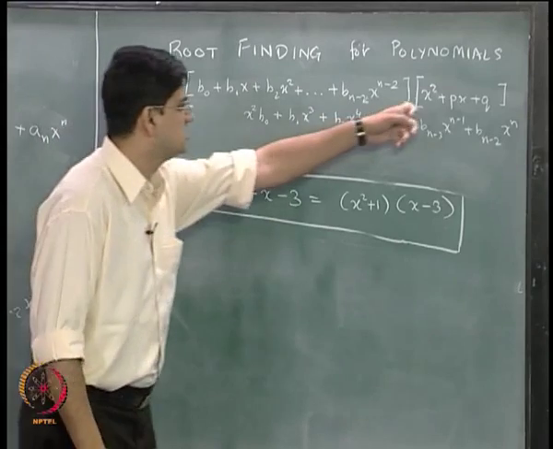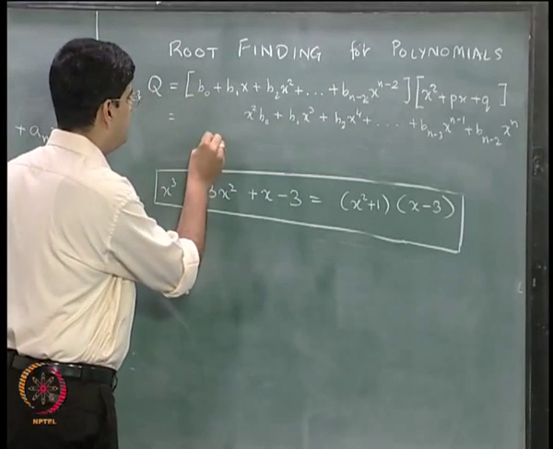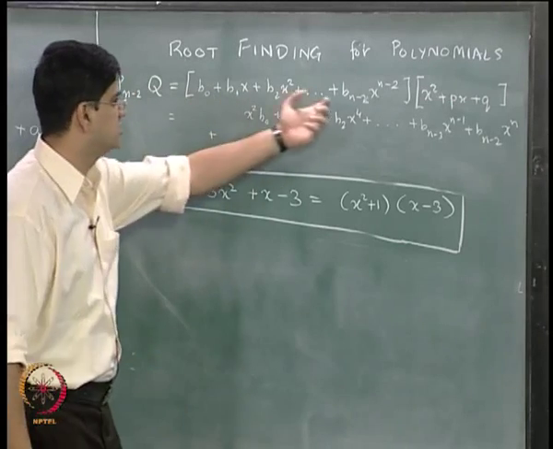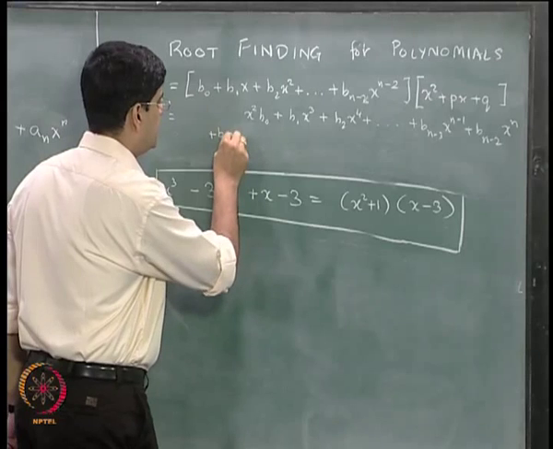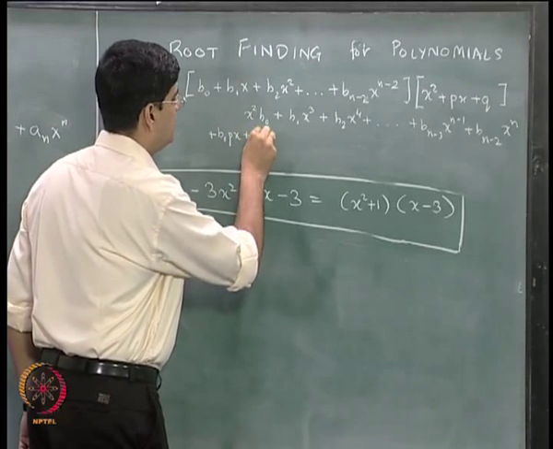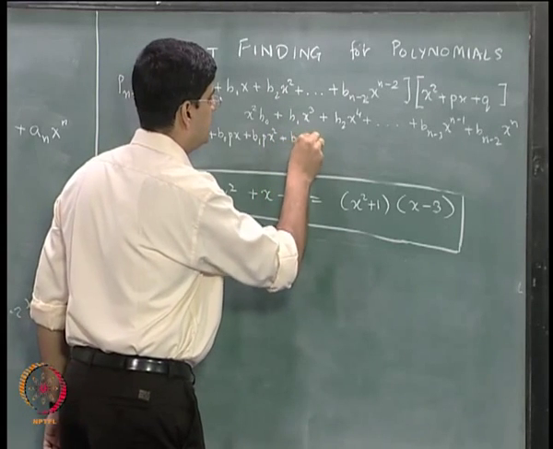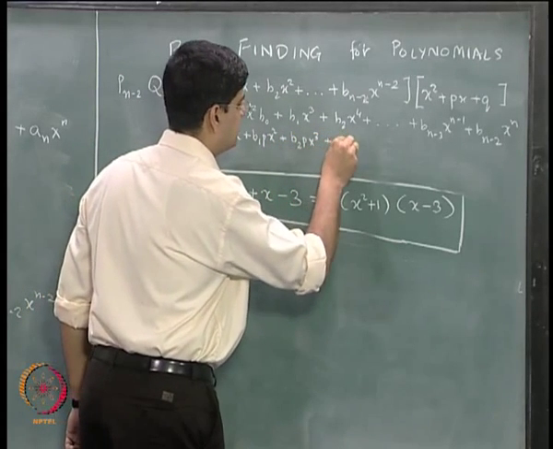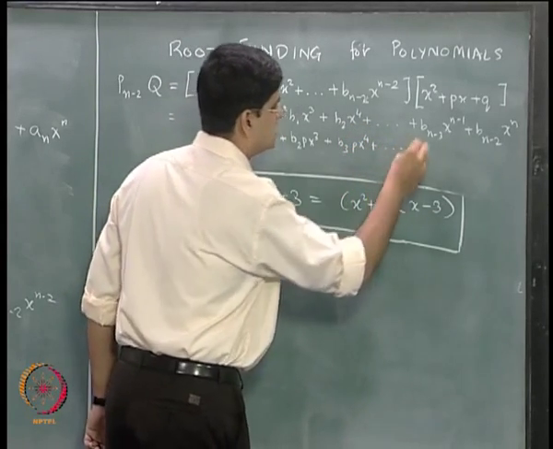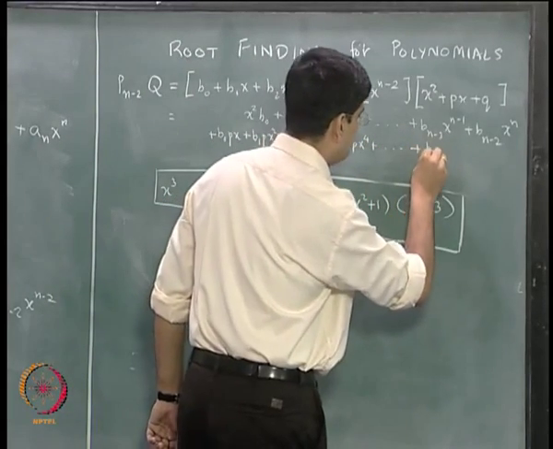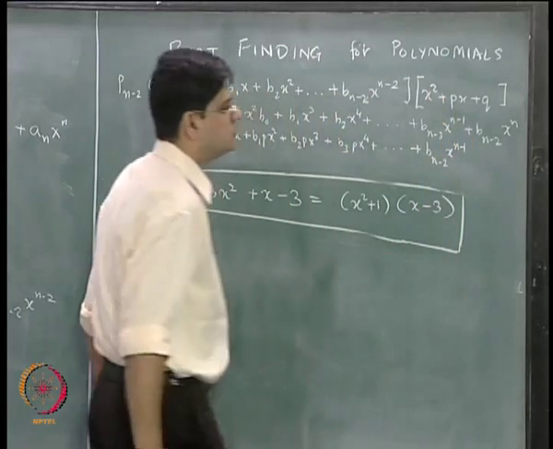So when we multiply x square with this plus multiplying px with this particular term, we will get b0 px plus b1 p x square plus b2 p x cube plus b3 p x to the power 4 and so on up to bn minus 2 p x to the power n minus 1.